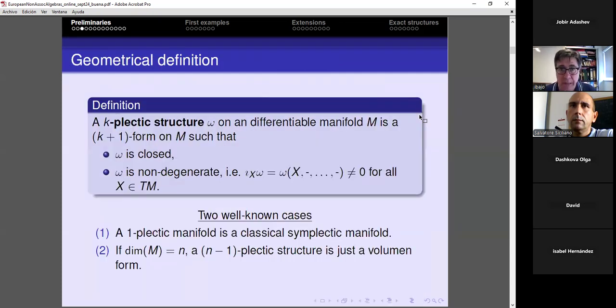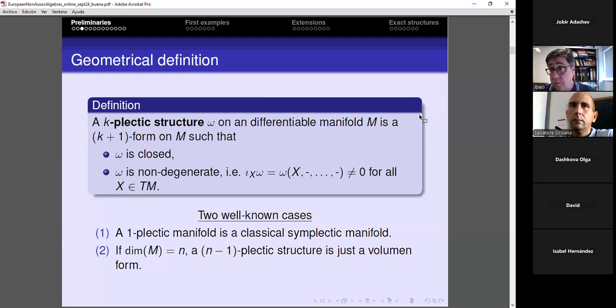Let's start with some geometrical definitions, which I know most people here, being algebraists, may find very simple. A k-plectic structure is just a k+1 form on a manifold, such that it is closed, and it is non-degenerate in the sense that if we take one x in the tangent bundle, and we introduce it as the first variable of our form, then the k form that results is different from 0.